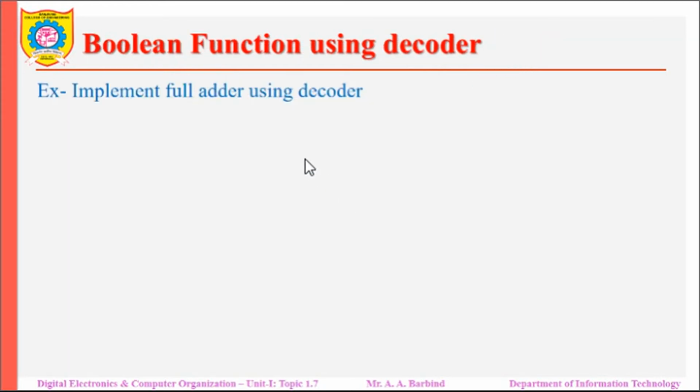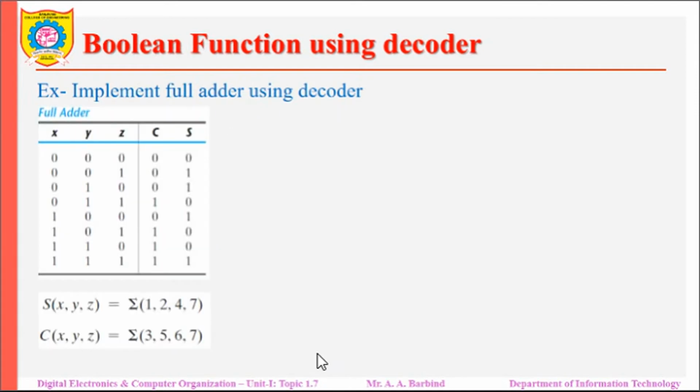Now let us see how we can implement a Boolean function using a decoder. For this purpose, let us take an example of implementing a full adder using a decoder. This is the truth table of the full adder.